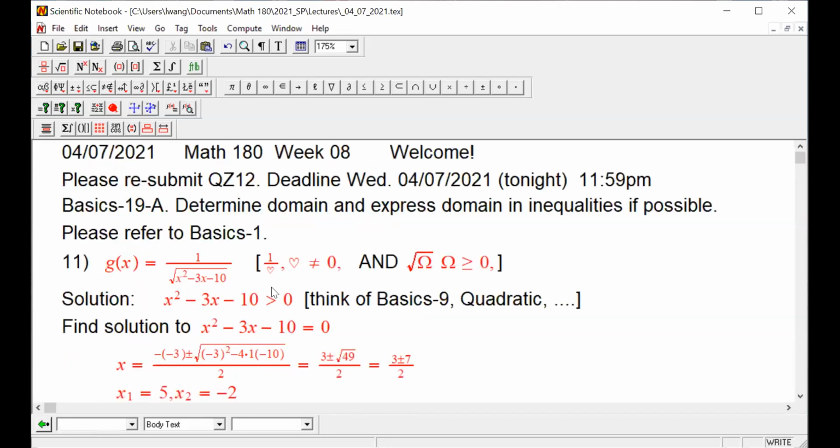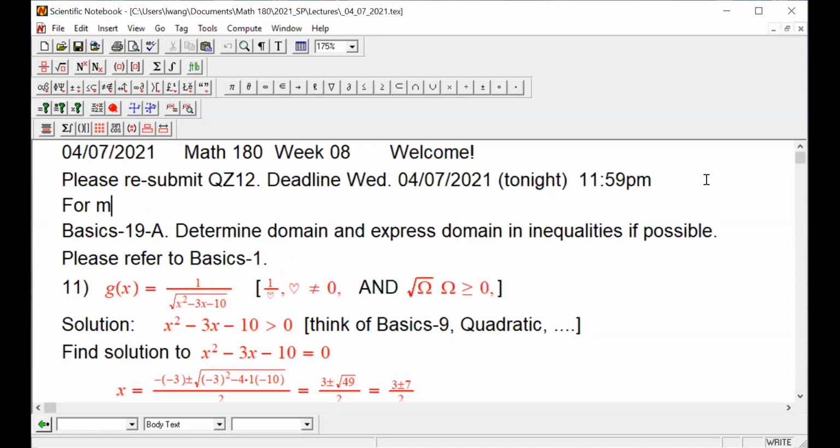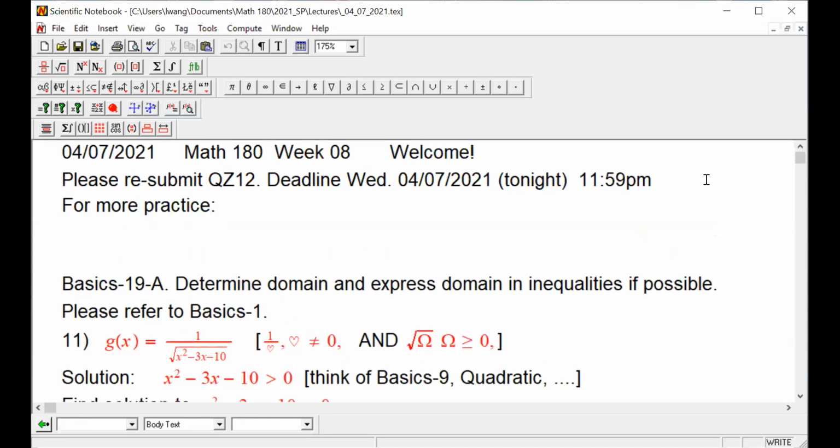Okay, so I'm going to put it on the top. For more practice, go to basics 45, A, B, and so on and so forth.